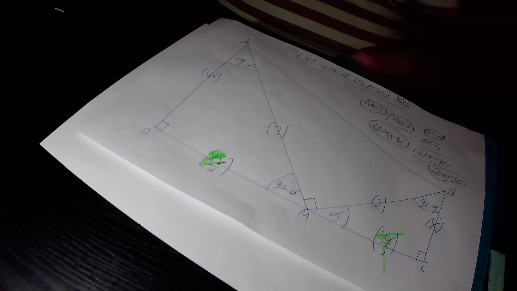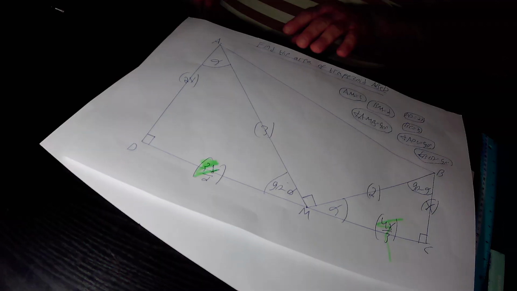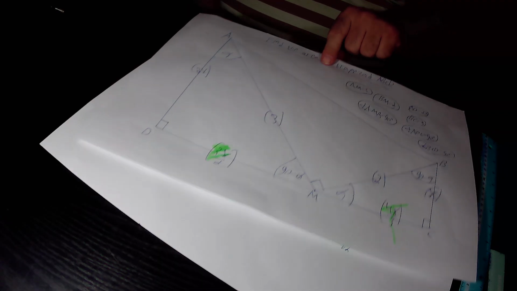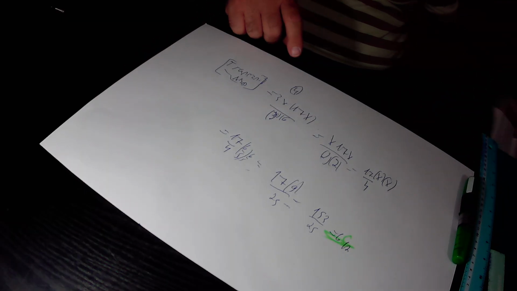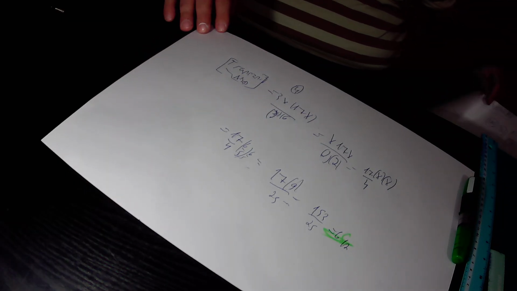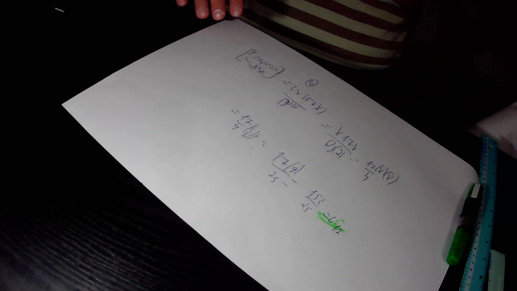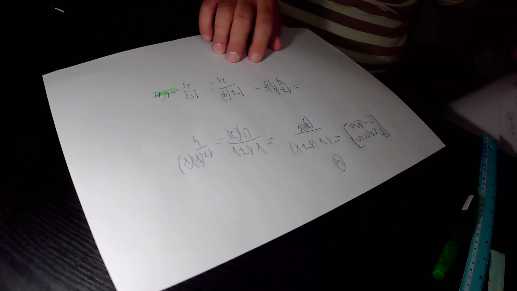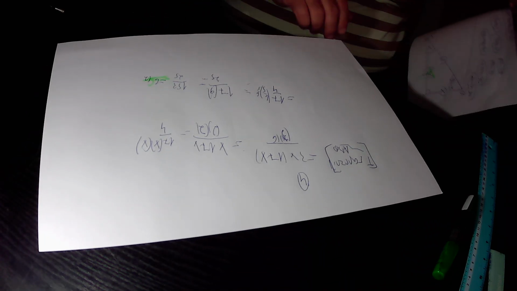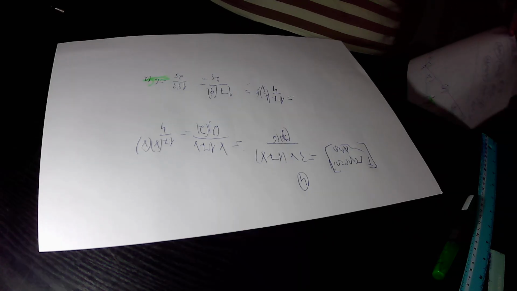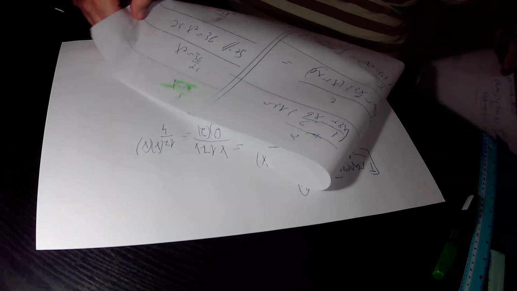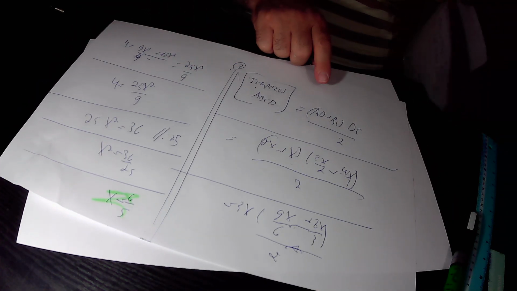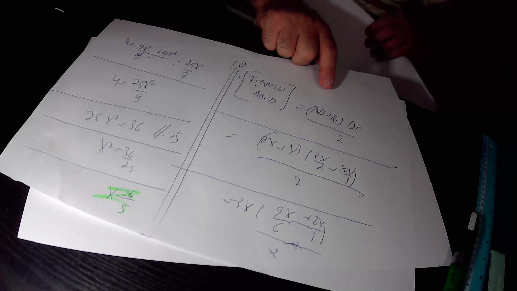The area of trapezoid ABCD equals the sum of its two parallel bases, that is AD plus BC, times the height DC, over 2.